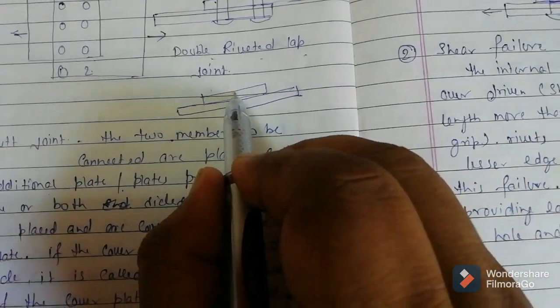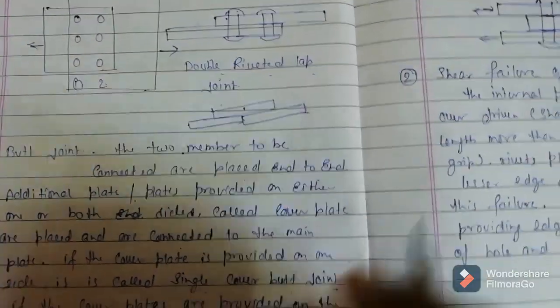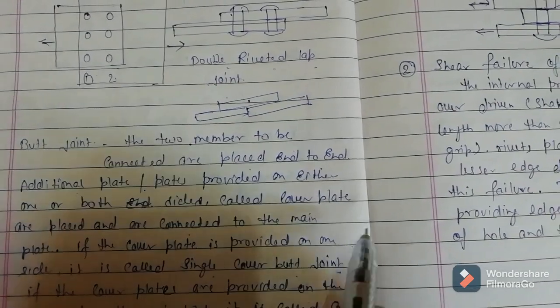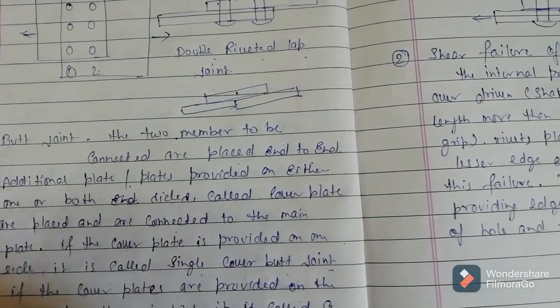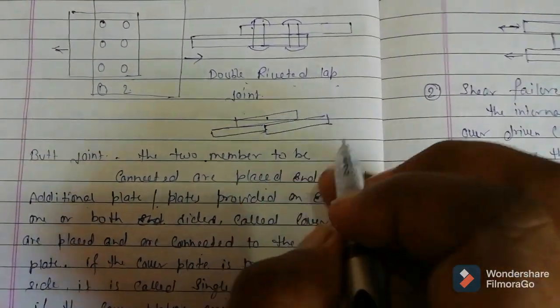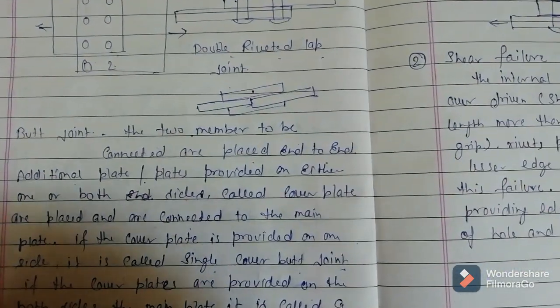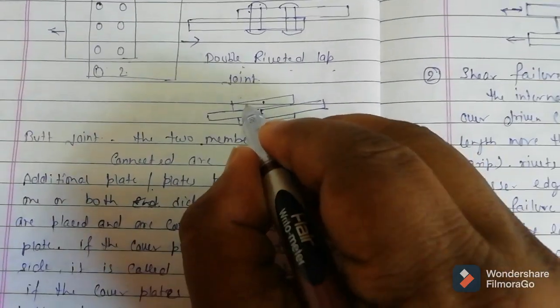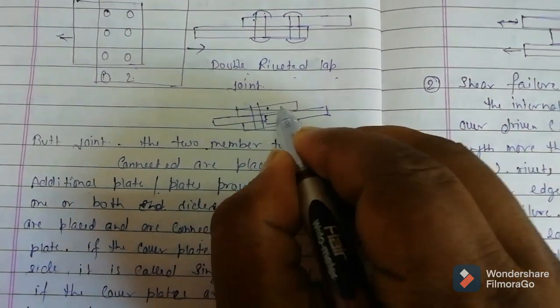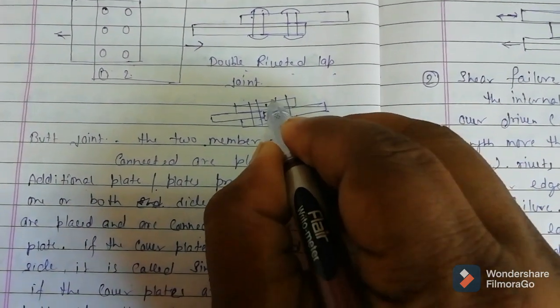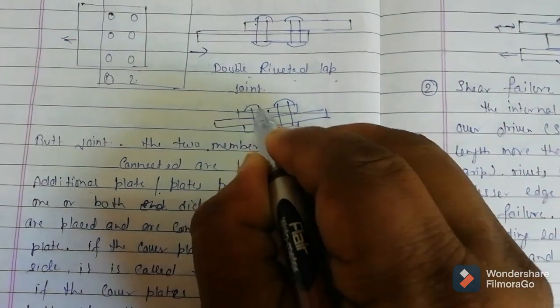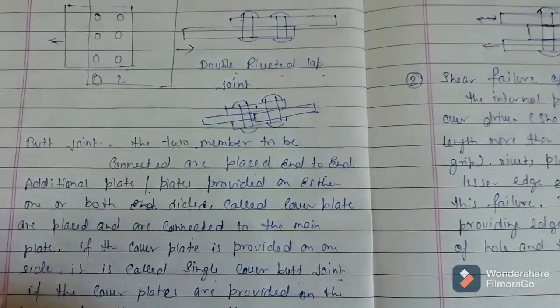If this is a single plate, it is called a single cover butt joint. If you provide it on both sides, it is called a double cover butt joint. Here we provide the rivets. This is called your butt joint.